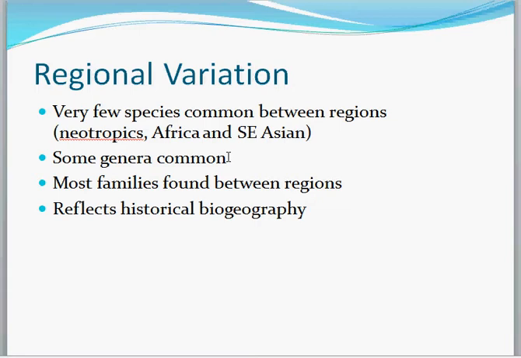So the same families that you find in the neotropics, Africa and Southeast Asia, you will find across all those different tropical regions. So things like the Annonaceae, the Papilionaceae, the Gramineae, they're going to be found across all these different areas.